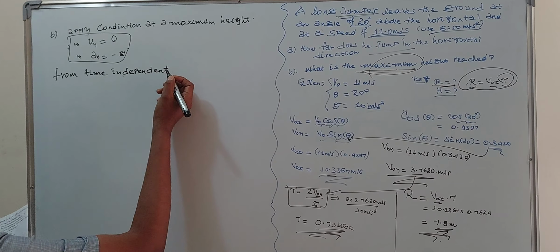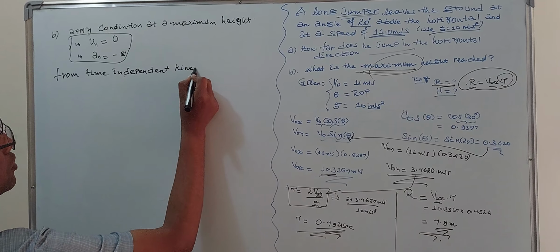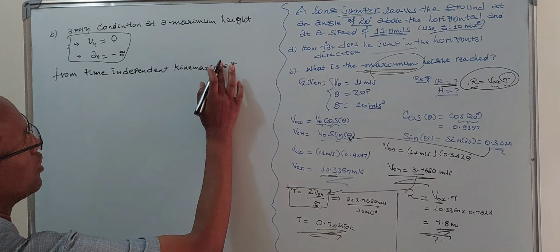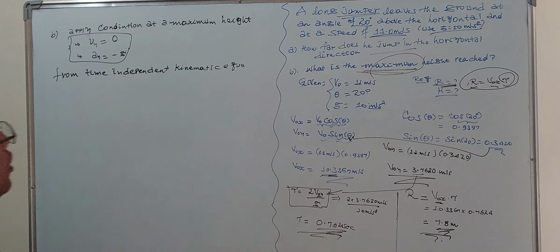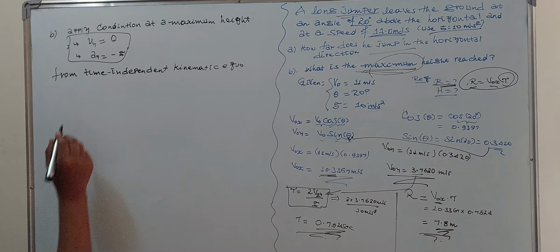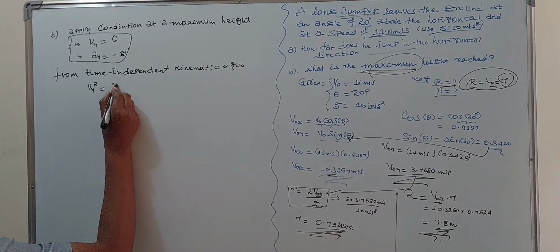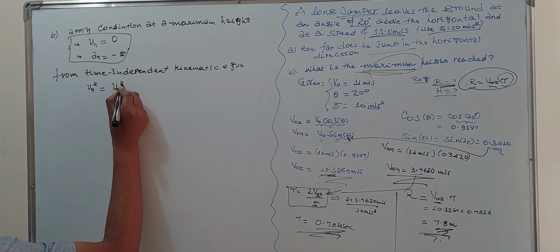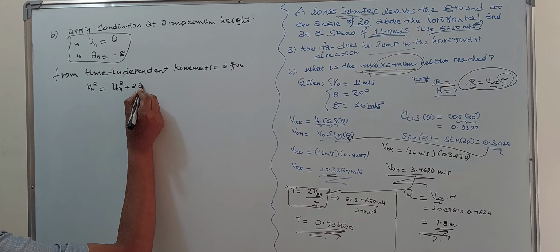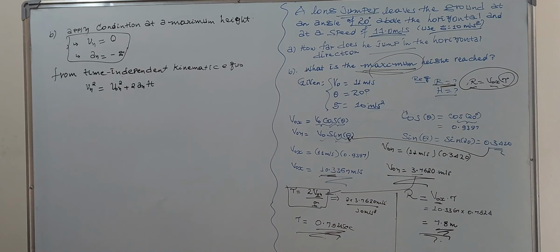The time independent kinematic equation is basically Vy square is equal to V sub o sub y square plus 2a sub y times the maximum height, right?